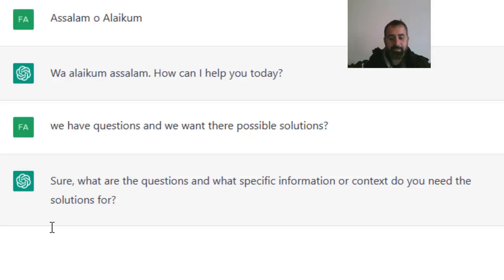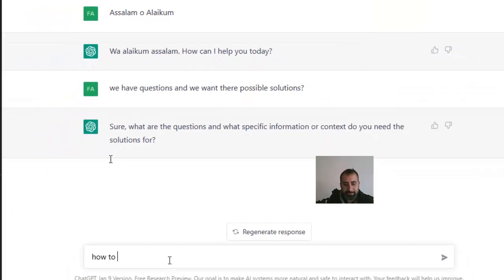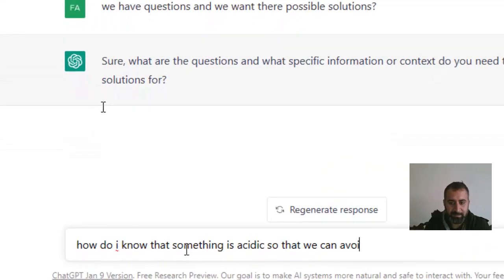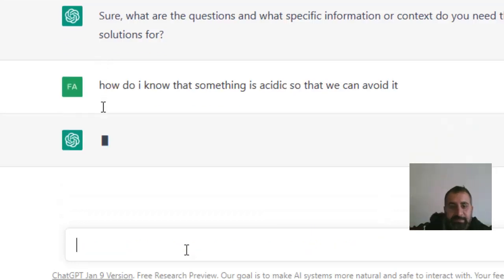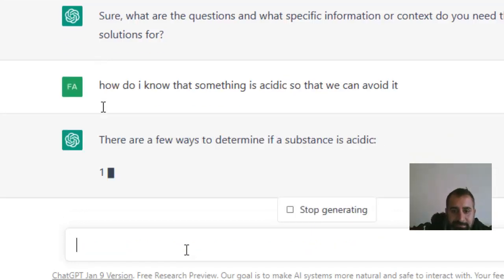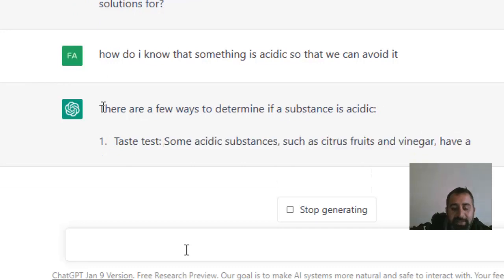Okay, how do I know if something is acidic, so I can avoid eating it? Okay, these are the possible solutions.